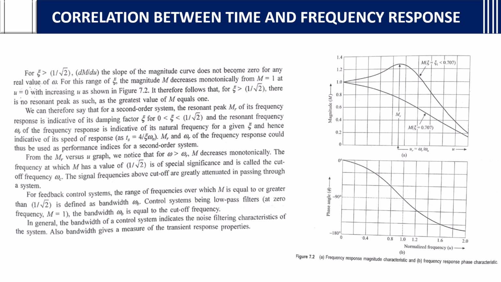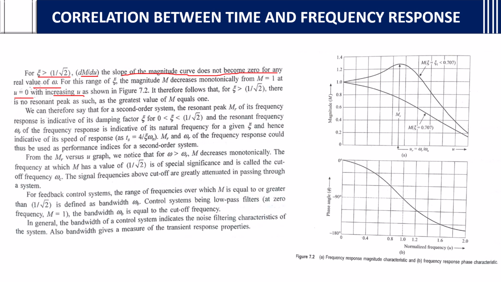Then for xi greater than 1 by root 2, dM by du, the slope of the magnitude curve, does not become 0 for any real value of omega. For this range of xi, the magnitude M decreases monotonically from M equals 1 at u equals 0 with increasing u, as shown in figure 7.2.